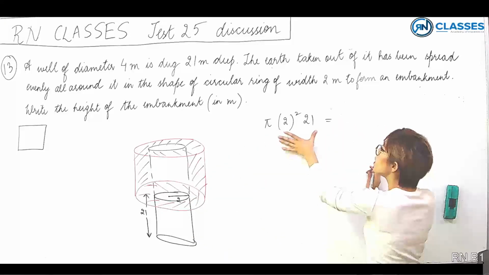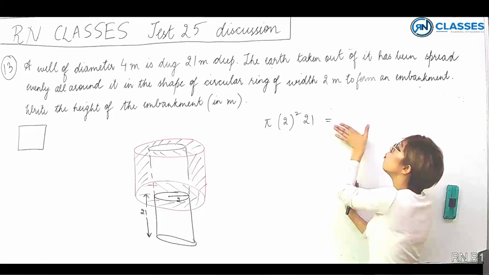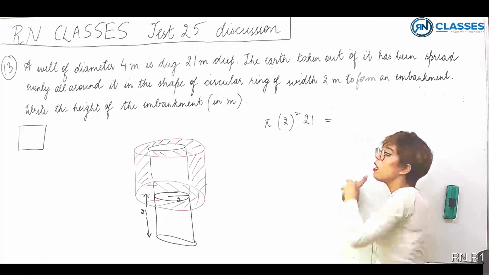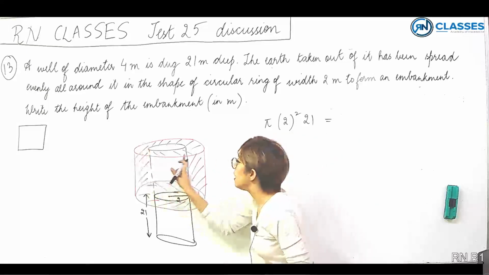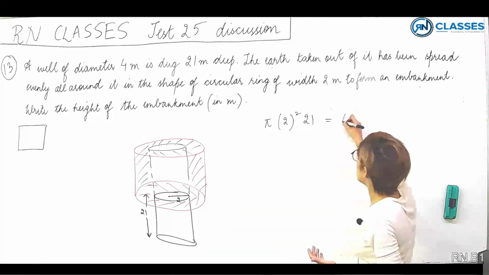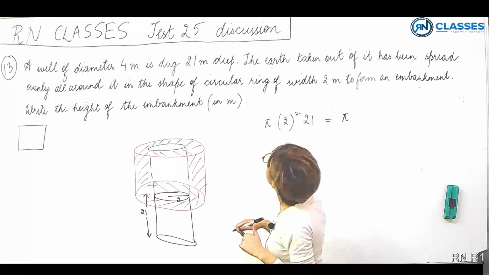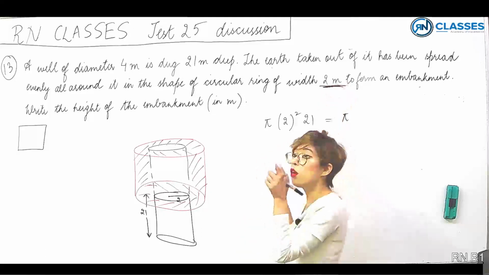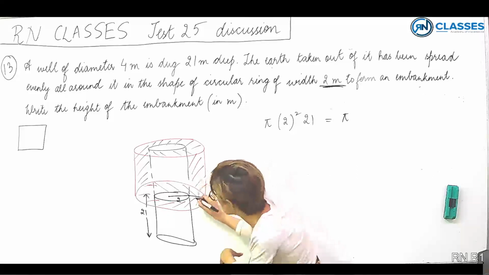Now, this soil has been used to form the hollow cylinder. So, this is equal to volume of the hollow cylinder. Now, volume of the hollow cylinder is what? The outer cylinder minus the inner one. Right, outer cylinder, pi. Now, I don't know the radius of the outer one. What do I know? I know the width of it, right? Width of the ring. So, that means this distance. I know this. Right, this is 2.